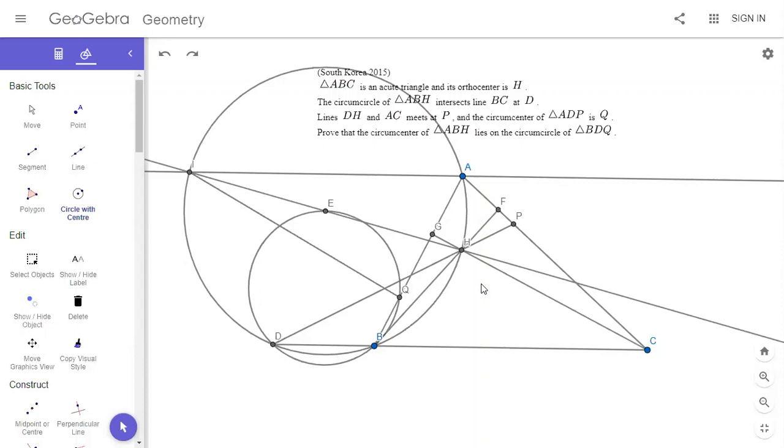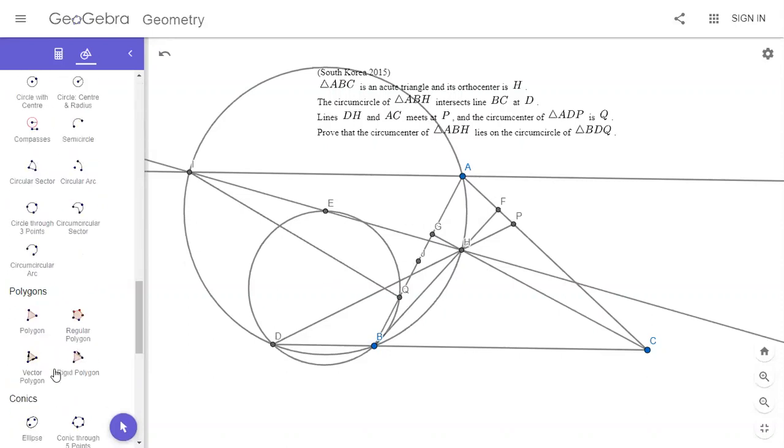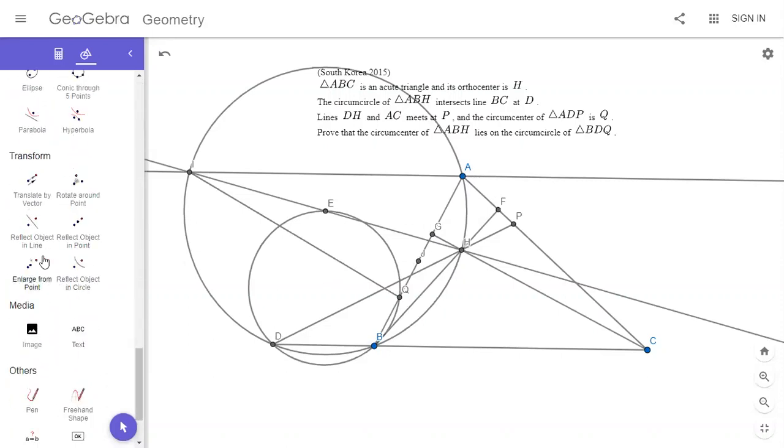Okay. So if we take the midpoint of AB and reflect H over it, that would be the orthocenter of IBA.